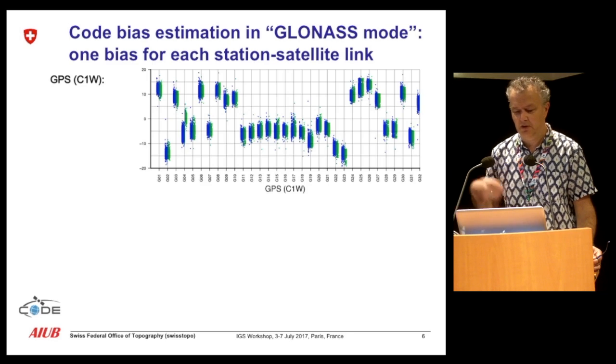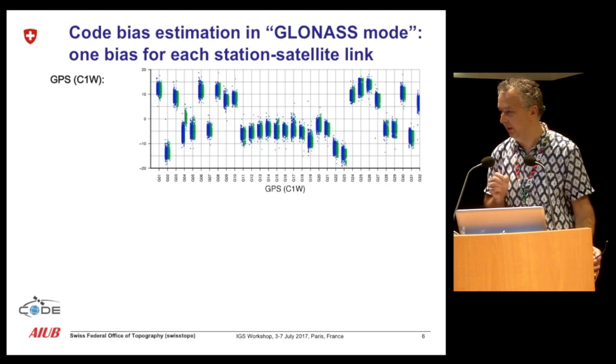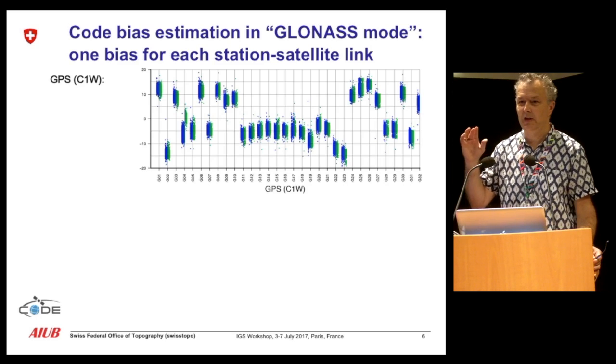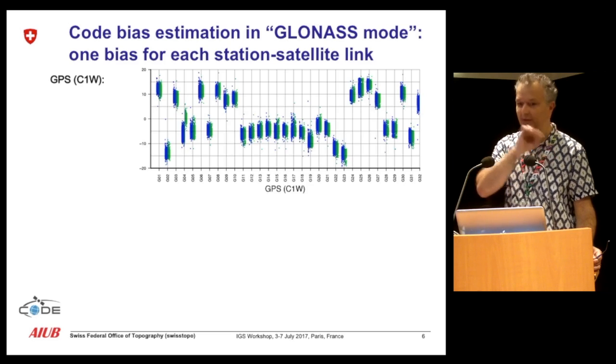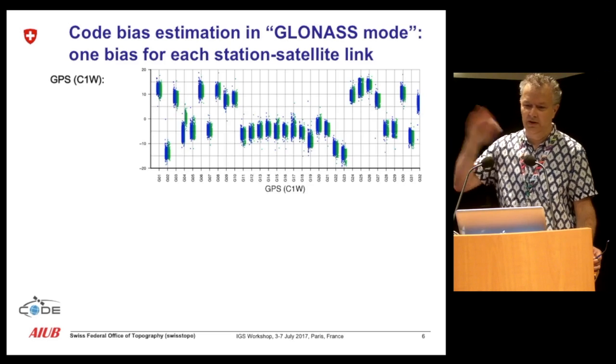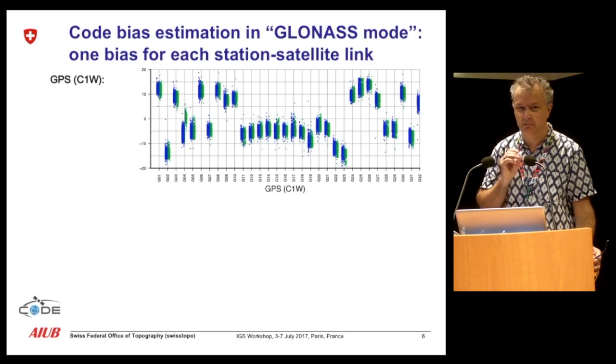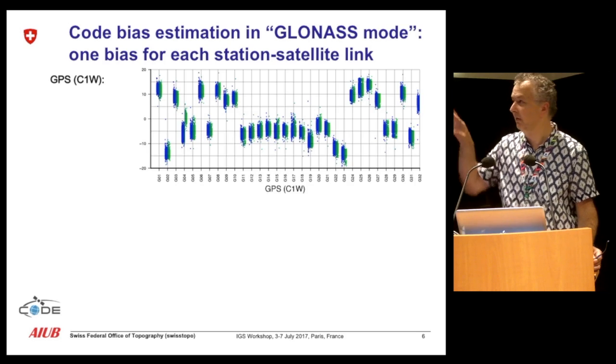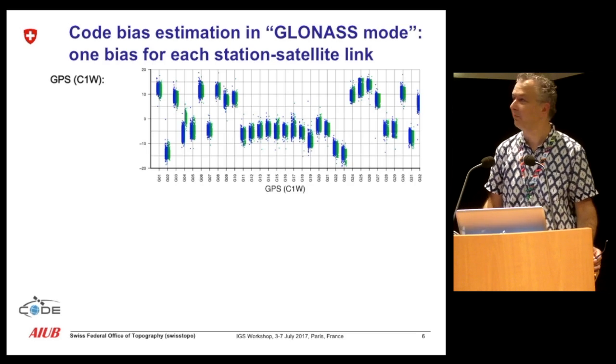The GLONASS biases in our operational solutions are treated typically common to each satellite-station link. And for monitoring purposes, we also do this treatment for GPS. So what you see here is, for each station and each satellite, a bias. We reduce the mean bias and we plot the values. And here you see these satellite-specific patterns.